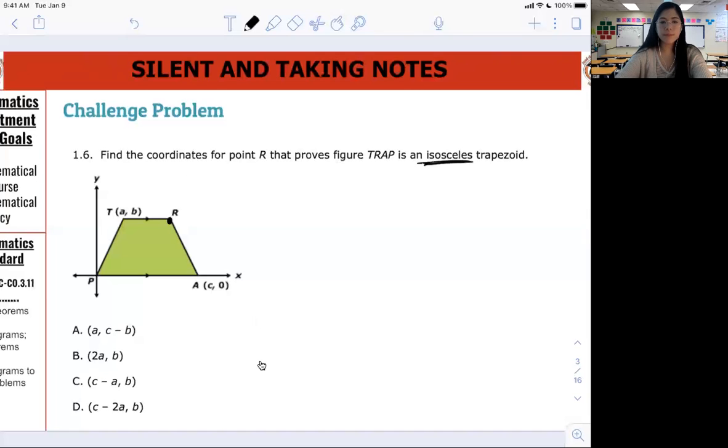Miss, me and Tyrone came up with an idea. Okay, go ahead and share it. You see how it says A comma B, and then for point A it says that it's C as the x coordinate.